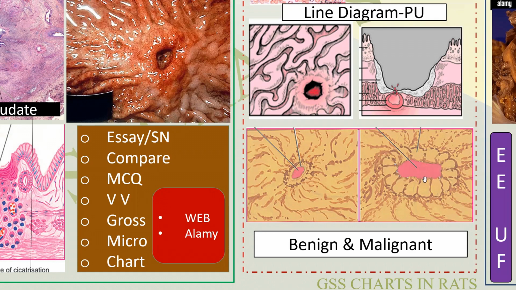The floor is covered with necrotic debris and the edges are everted over here. Here it is flush with the surface, whereas here it is everted. Sometimes the ulcer can be irregular in outline. So these will be the differences between the benign and the malignant ulcer, and a line diagram which you people shall and will draw.